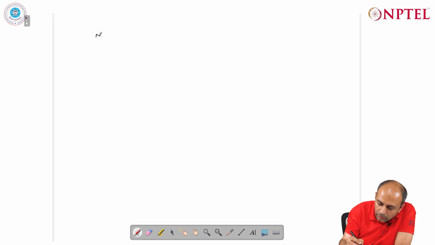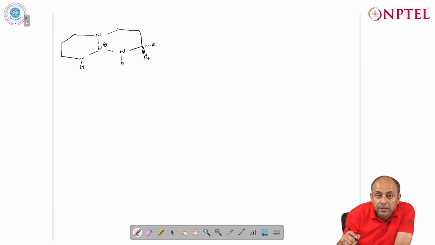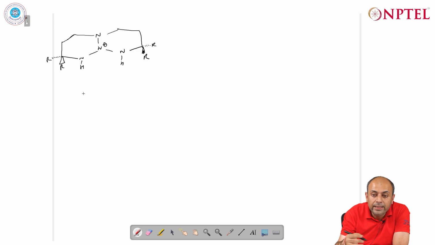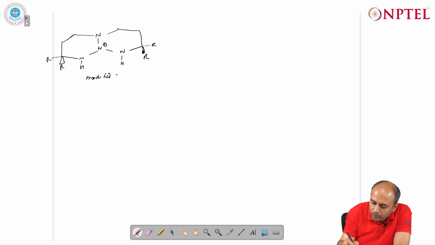The following substrate was then designed. Now you can see chemists can make fascinating molecules. They can modify the templates. So now you see this is a very modified guanidinium host.